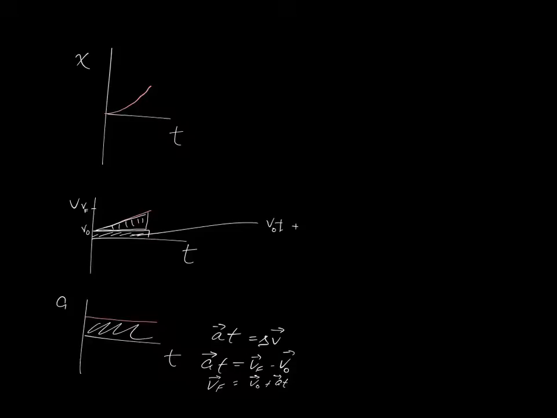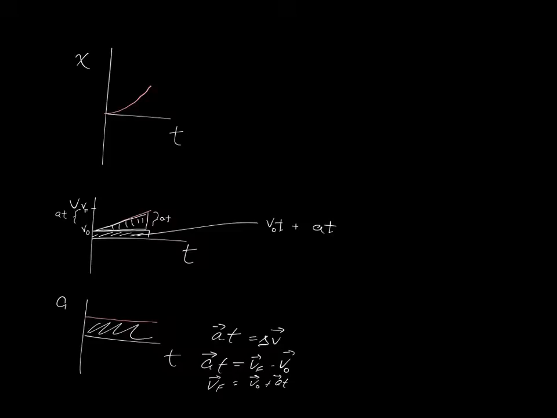notice that V final minus V initial is AT. So this amount here is acceleration times time, right? So AT is the height of the triangle that you see, right? This height here is AT, yeah.